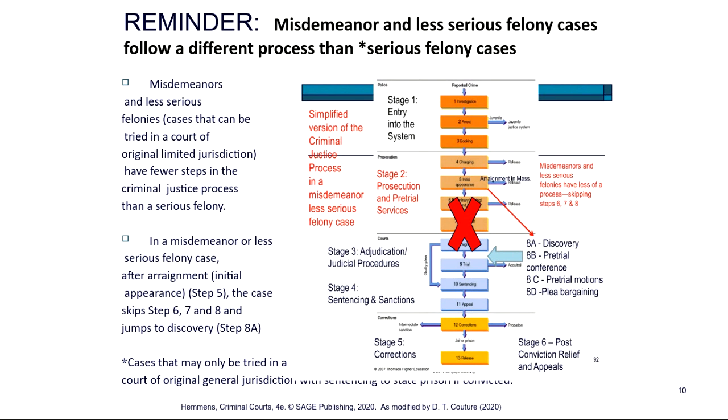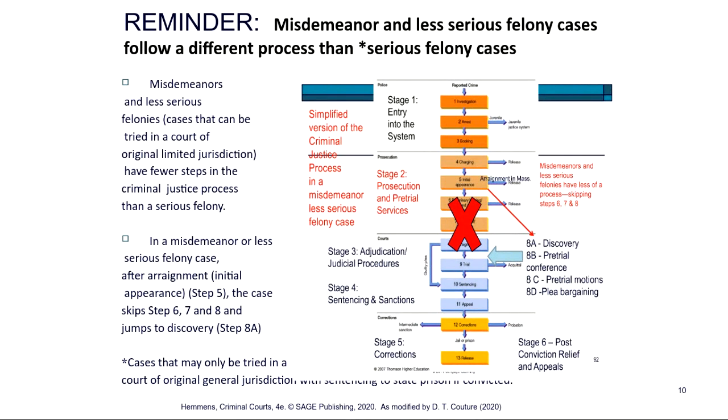Those steps, 6, 7, and 8, only apply in federal or state cases that involve a serious felony, or in the federal system, every federal criminal case is entitled to all those steps in the process.